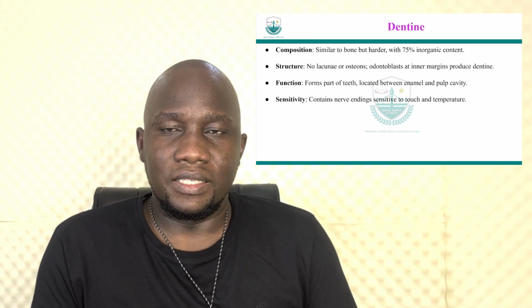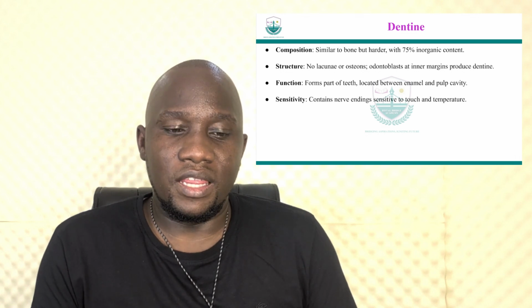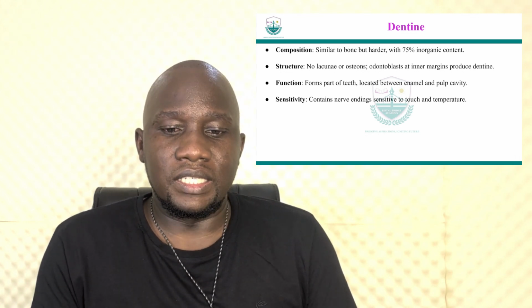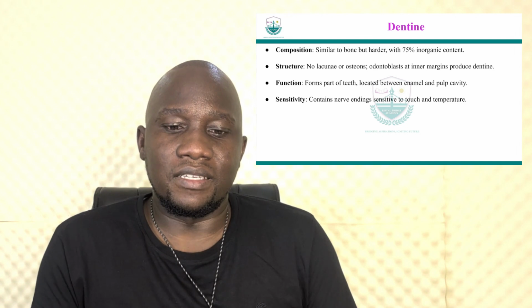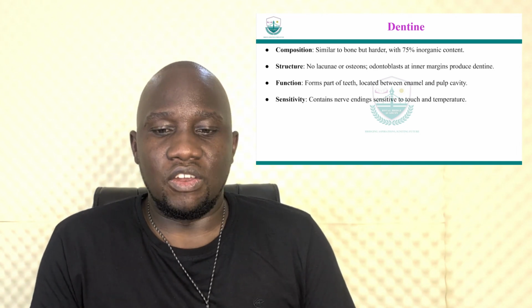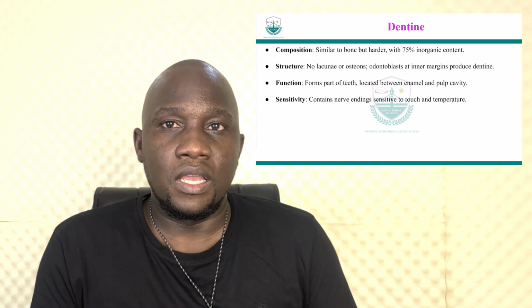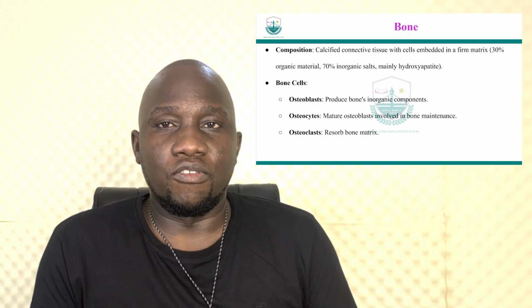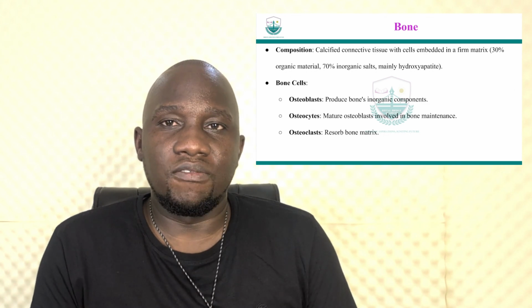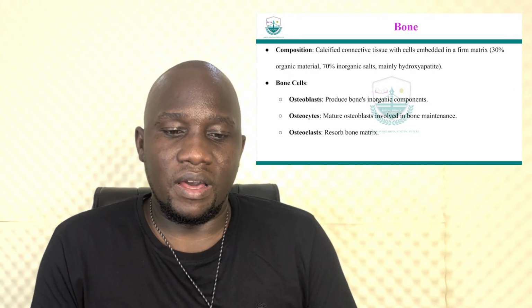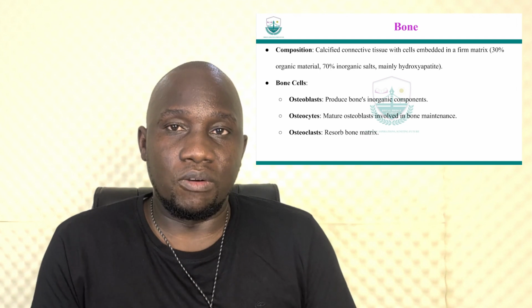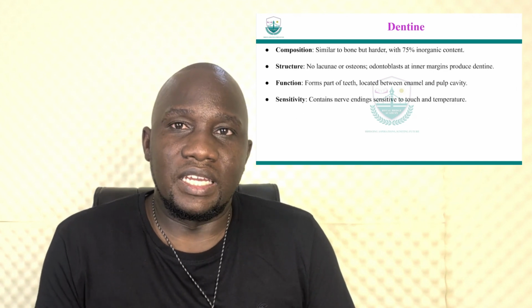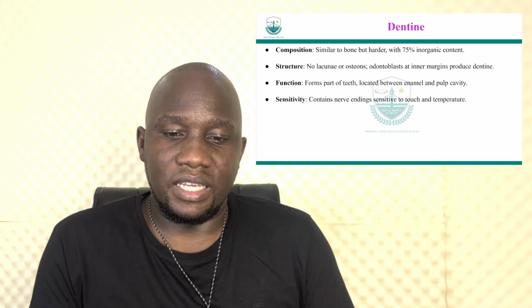Dentine is something that is similar to bones. The only unique thing is that it is harder and it has 75% inorganic content. Okay, if we check here, the bone is 70% inorganic salts or inorganic components, and then here we're saying that dentine has 75%.